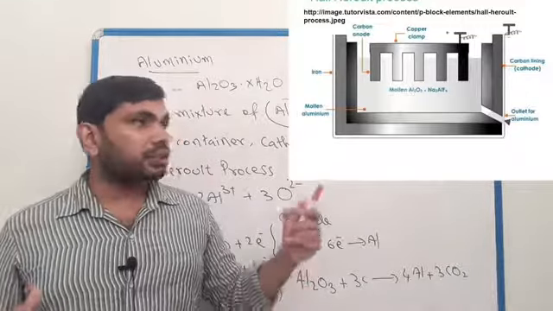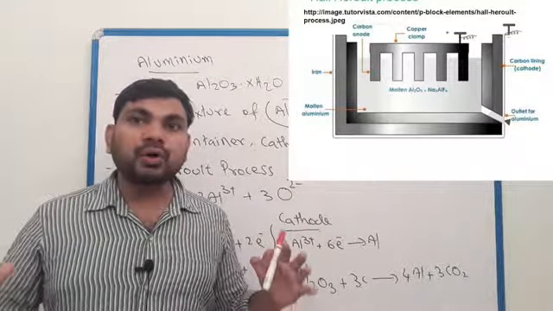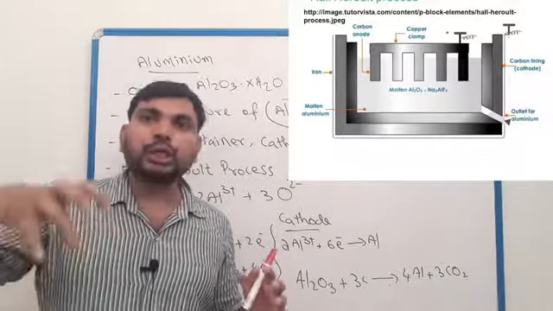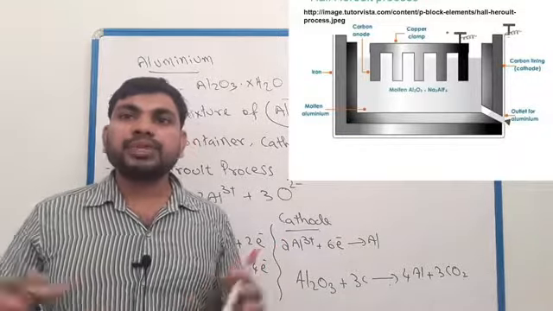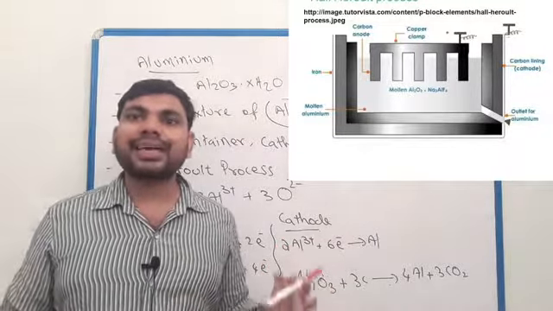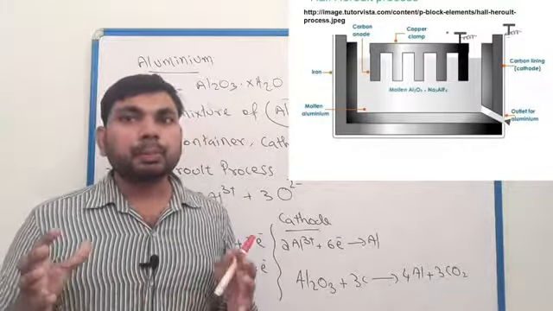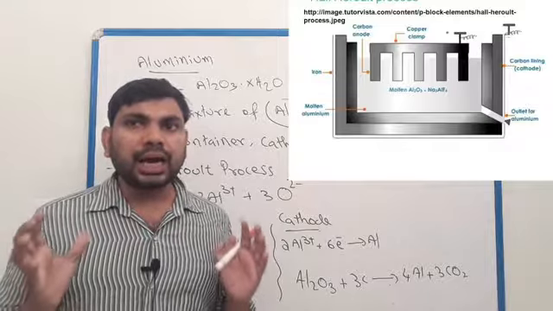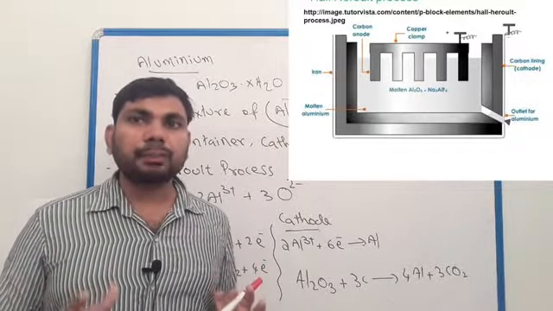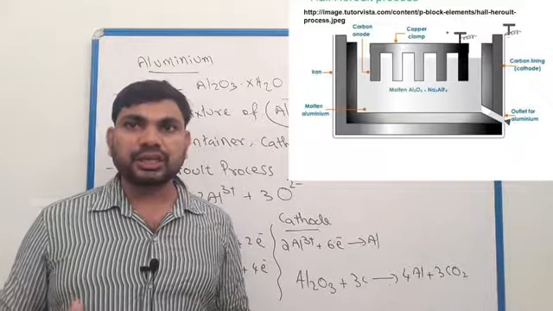And as you can see in the diagram, big blocks of carbon are introduced into the container. These big blocks of carbon act as the anode. So both cathode and anode are made of carbon, or you can say graphite.